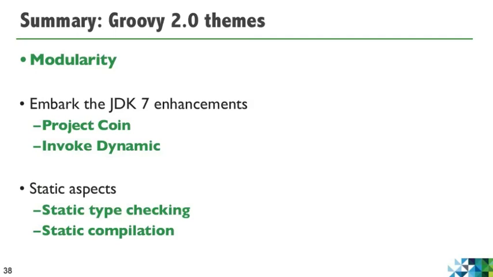The big themes of Groovy 2.0 were the modularity, how we split the Groovy jar into different modules, which opened the door for what we call Groovy extension modules, so that you can contribute additional methods and doing operator overloading, etc., by providing your own extension methods.